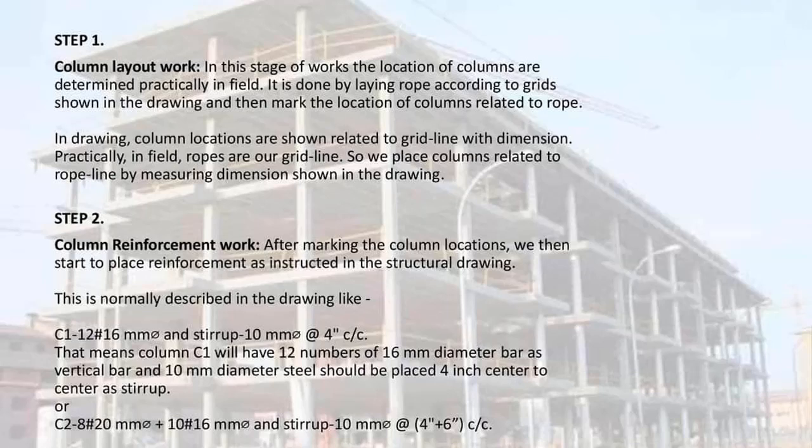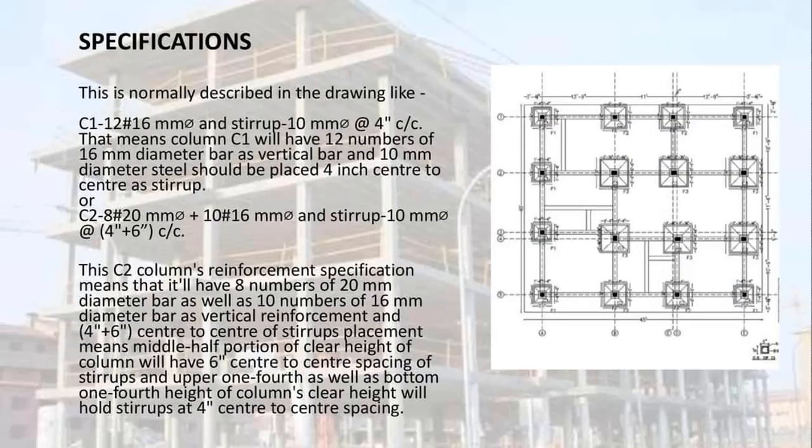Or C2: 8 numbers 20 mm dia plus 10 numbers 16 mm dia and stirrups 10 mm dia at 4 plus 6 inch center to center. This is normally described in the drawing like C1: 12 numbers 16 mm dia and stirrup 10 mm dia at 4 inch center to center.